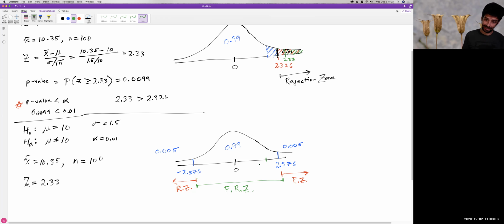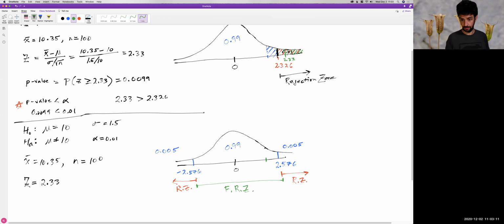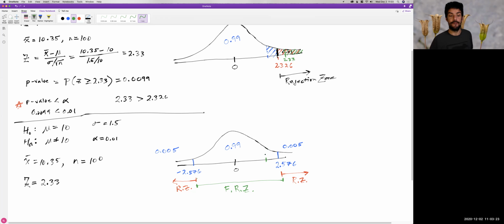And so in this case, we would fail to reject. Okay? So that's the idea. That is how we can use the critical values.